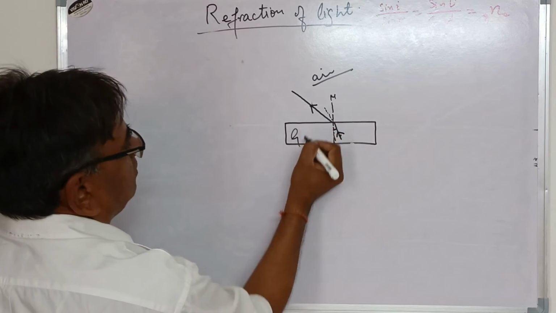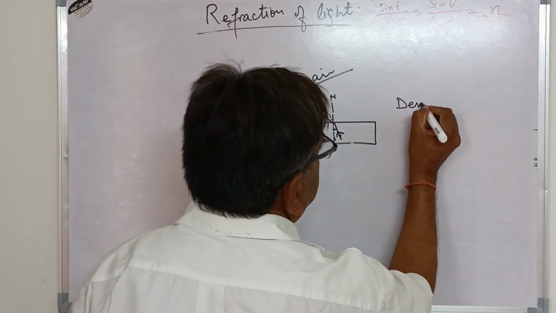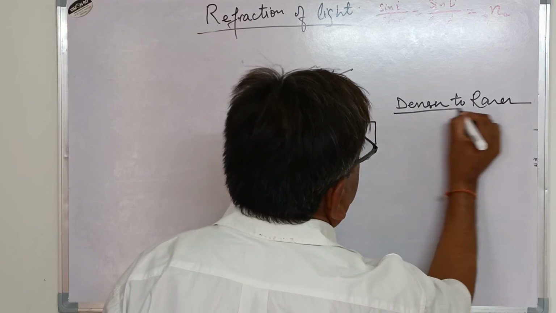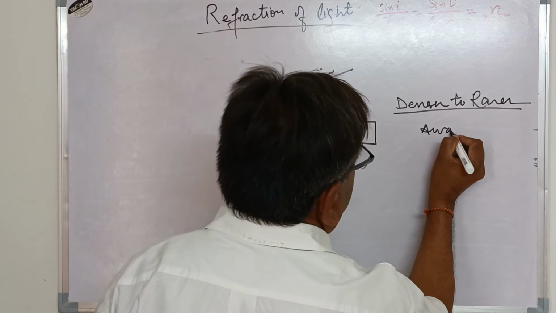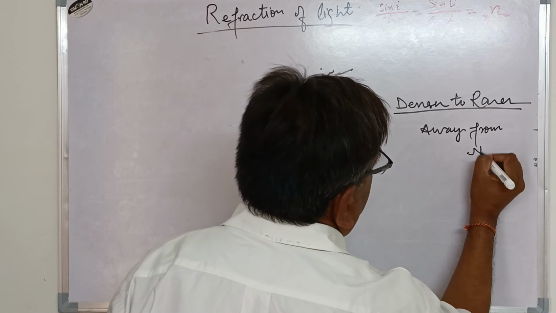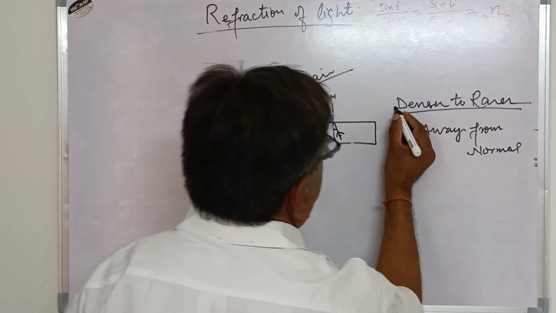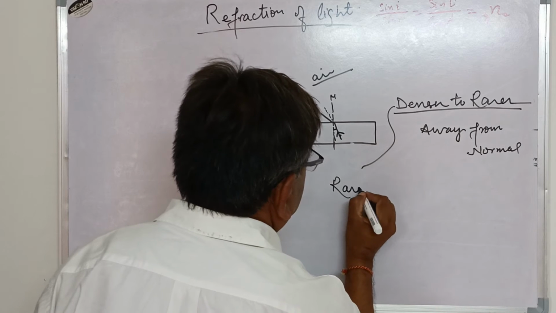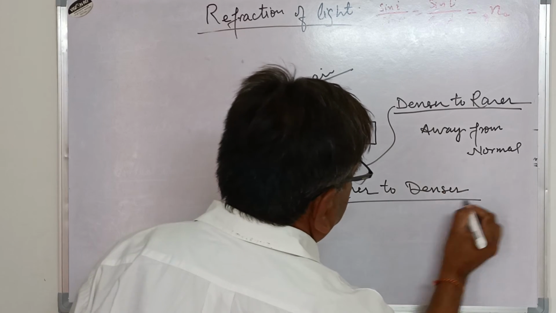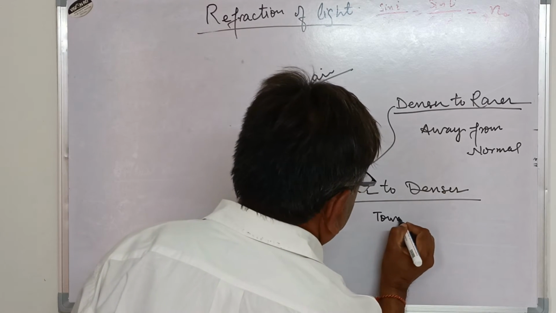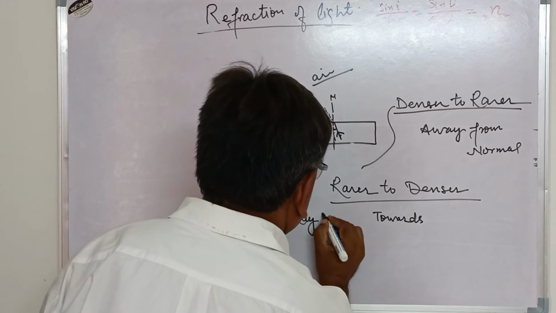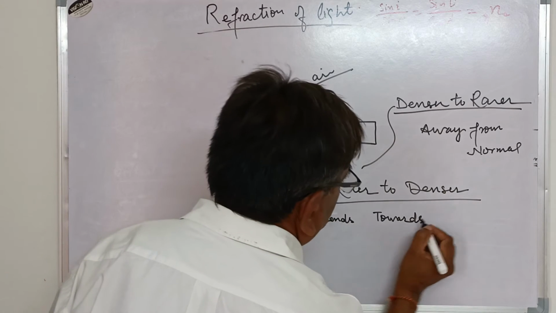It deviates away from the normal, so denser to rarer means away from the normal. And the opposite: rarer to denser, when it goes into the denser medium, it bends towards the normal.